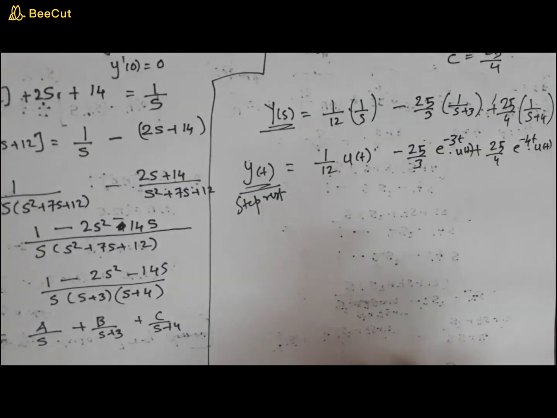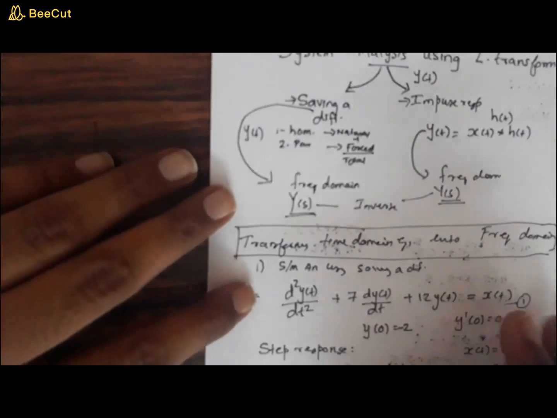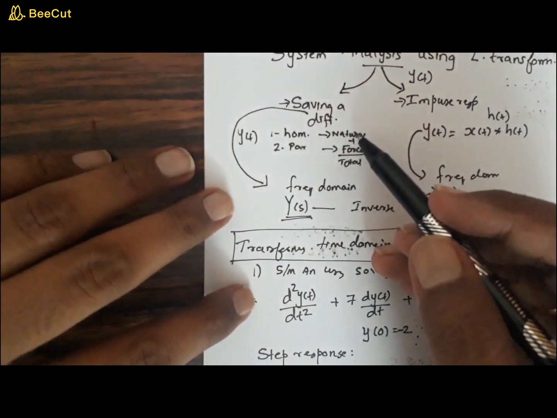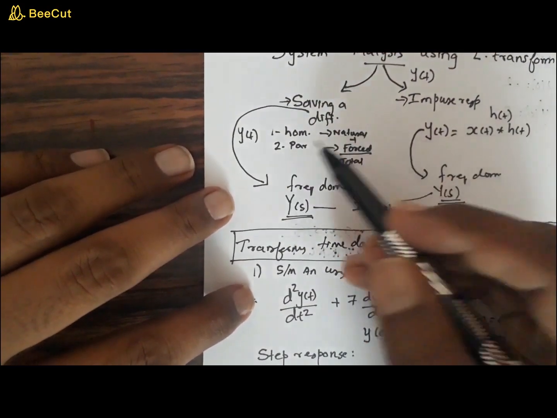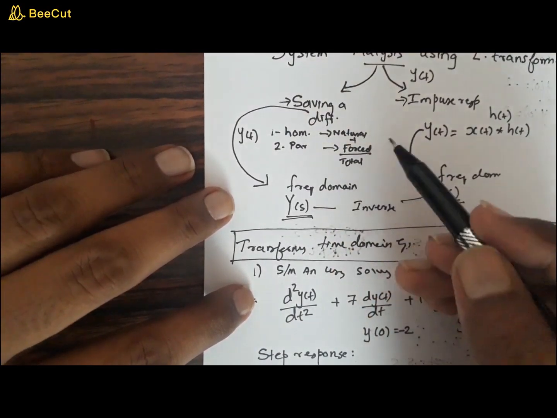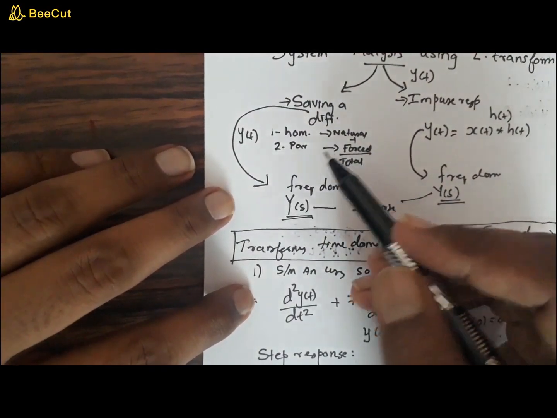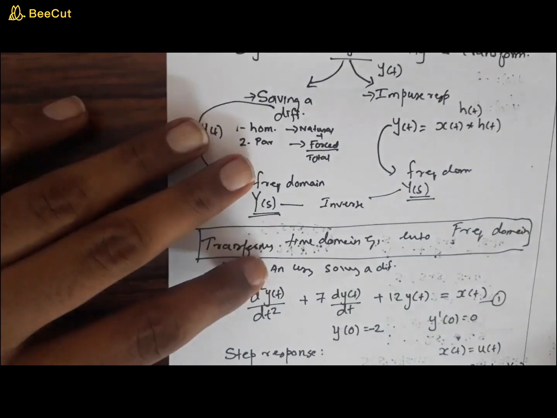Just the primary thing that we found out is, while solving a differential equation, you have various steps. To find the natural response, you need to find out the homogeneous solution, then the particular solution, and the total solution you need to sum up, and all these things are a lengthy process.